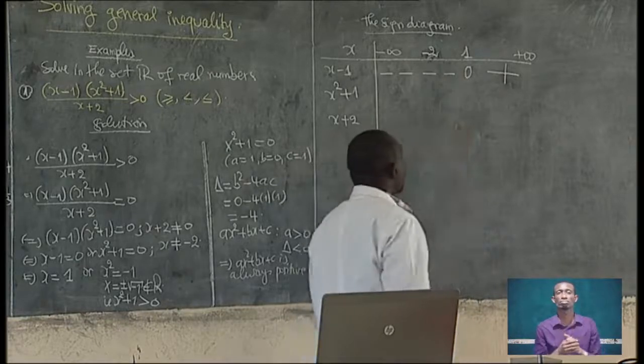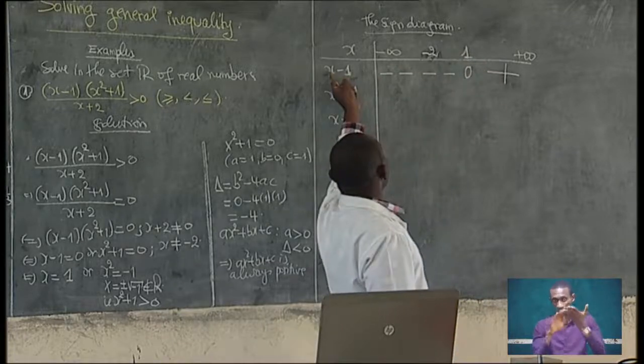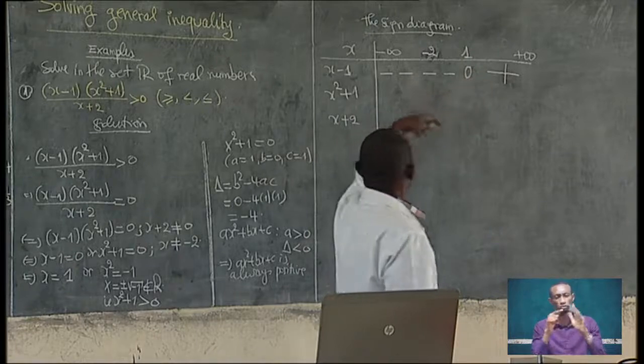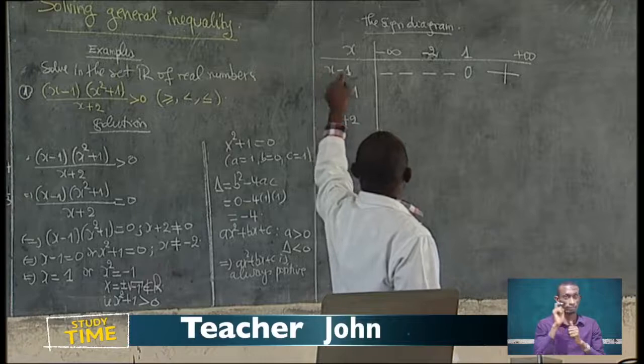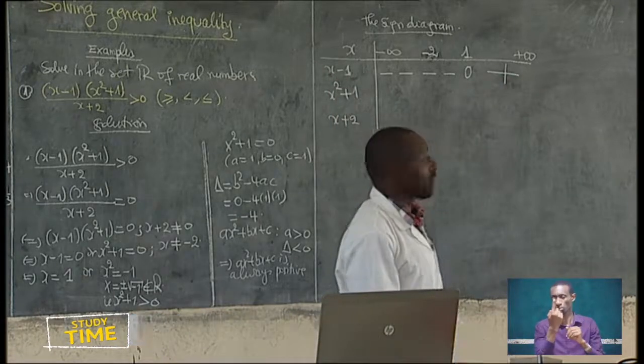You can try, for instance, 0. 0 is less than 1. When you replace x by 0, you get negative 1, so this is negative. And when you try x to be 2, you have 2 minus 1, which is equal to 1, which is positive. Hope you are together.